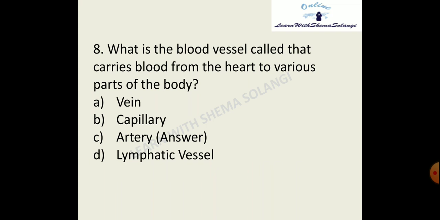So the correct option is artery. The other options, vein, capillary and lymphatic vessels, are wrong.